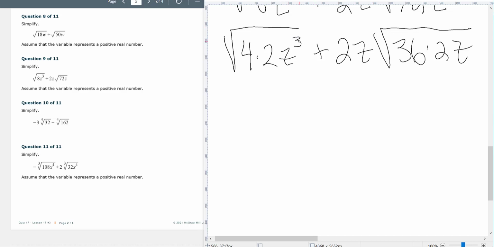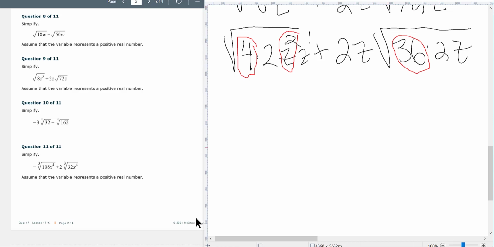So what I've got to do is change this z cubed to a z squared and a z to the 1. Because now I can take out the 4, take out the z squared, take out the 36. Those are all perfect squares.